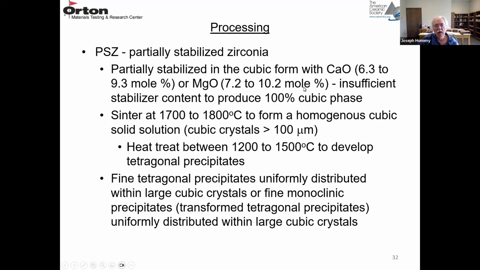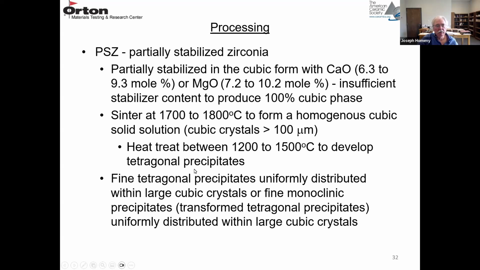So you're not adding enough of these stabilizers to completely form the cubic phase. So you don't have enough stabilizer to make 100% cubic crystals. These are sintered typically 1700 to 1800 degrees C. At those temperatures, you have a homogeneous cubic solid solution. Crystal size is about 100 microns.